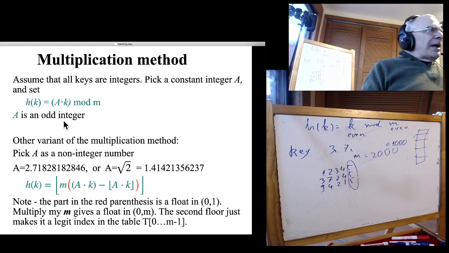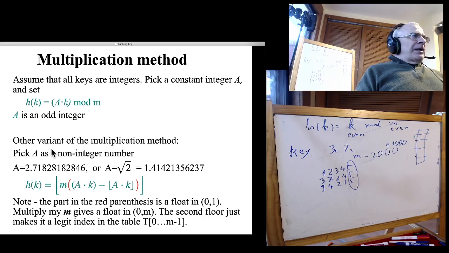So one variant will say pick a, this number, as a strange constant, not necessarily, and actually with a lot of digits after the decimal point. A equals square root of 2 will do just fine.